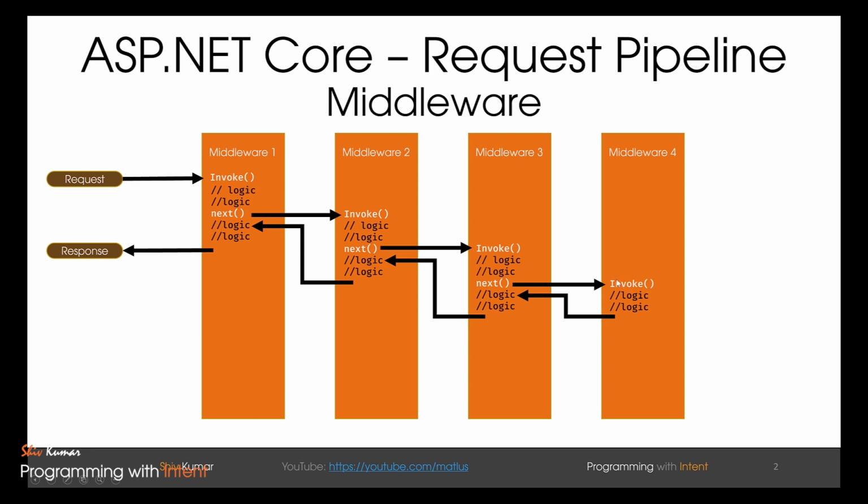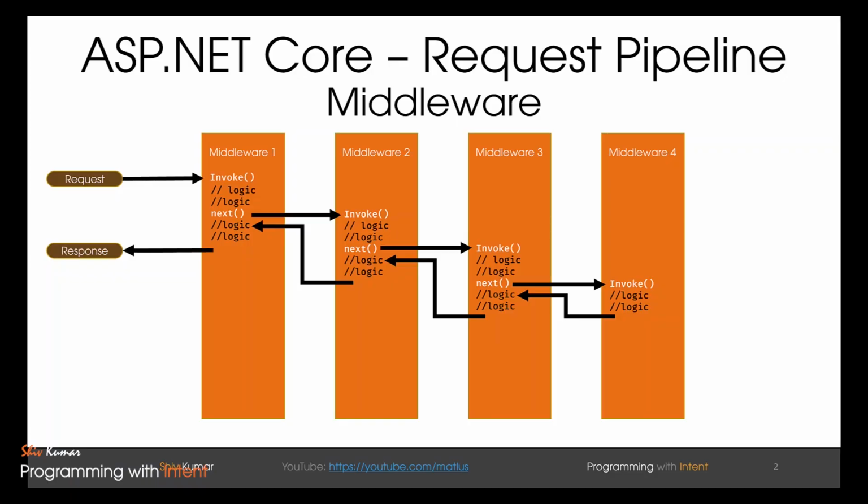And eventually the last one, when it calls Invoke, it does this logic, but when it's done, it continues into your application. And once your application is finished with its logic, then the response heads backwards, if you will. It's going on the way out. And so that's how middleware classes participate in the pipeline as a sequential process where, depending on the order of registration, the middleware will be called in that order.